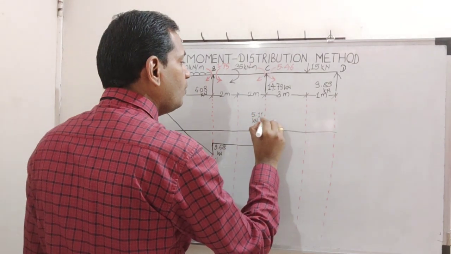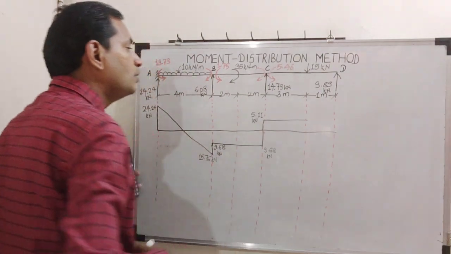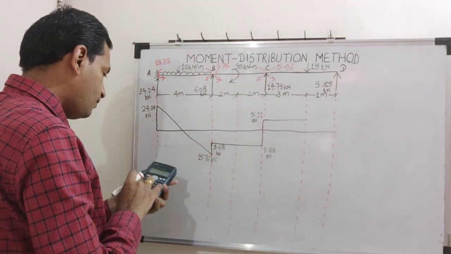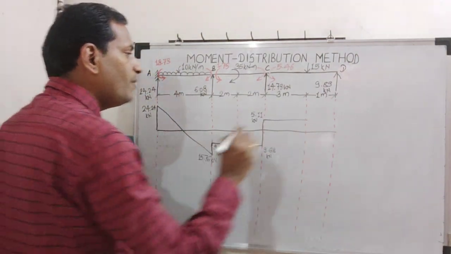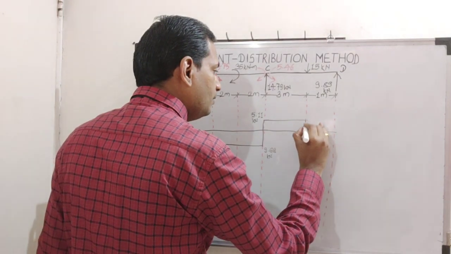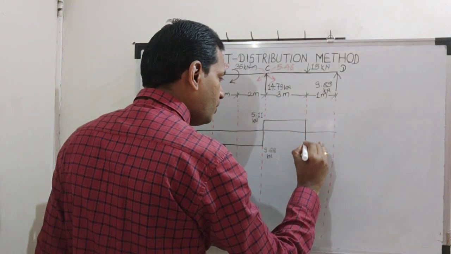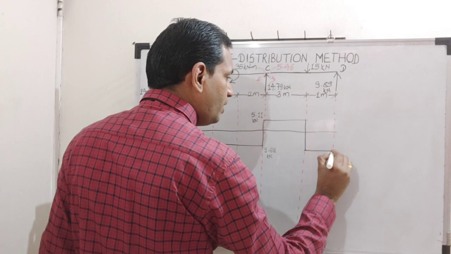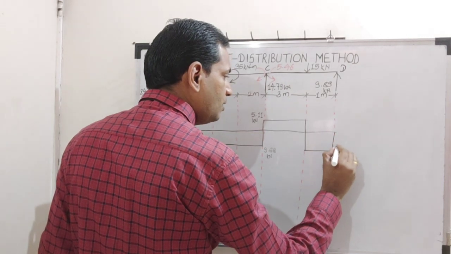It will be the same up to the 15 kilonewton load. So 5.11 minus 15 comes to be minus 9.89. So we are getting the cross check here.